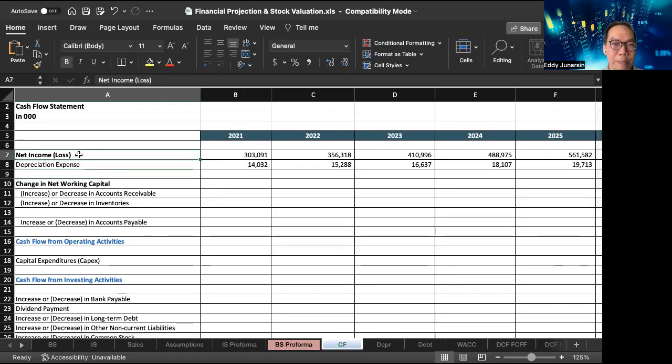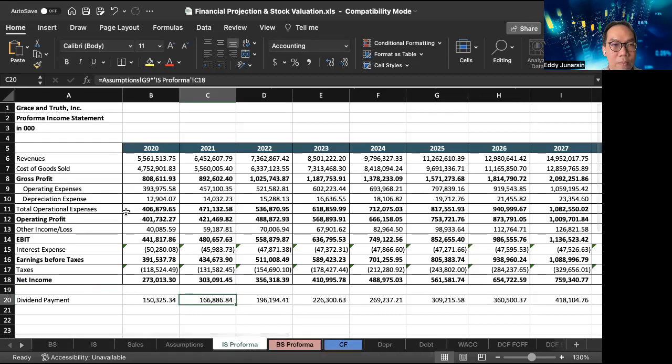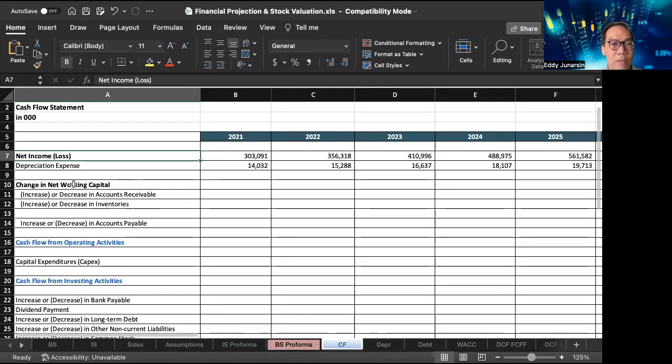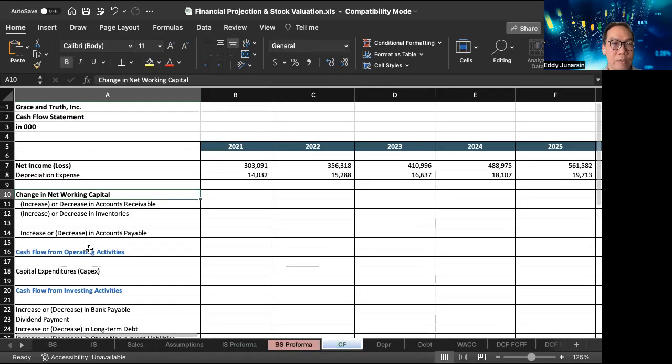So net income, we add back depreciation expense. Okay, we add back depreciation expense, and now we make adjustments to the change in net working capital.